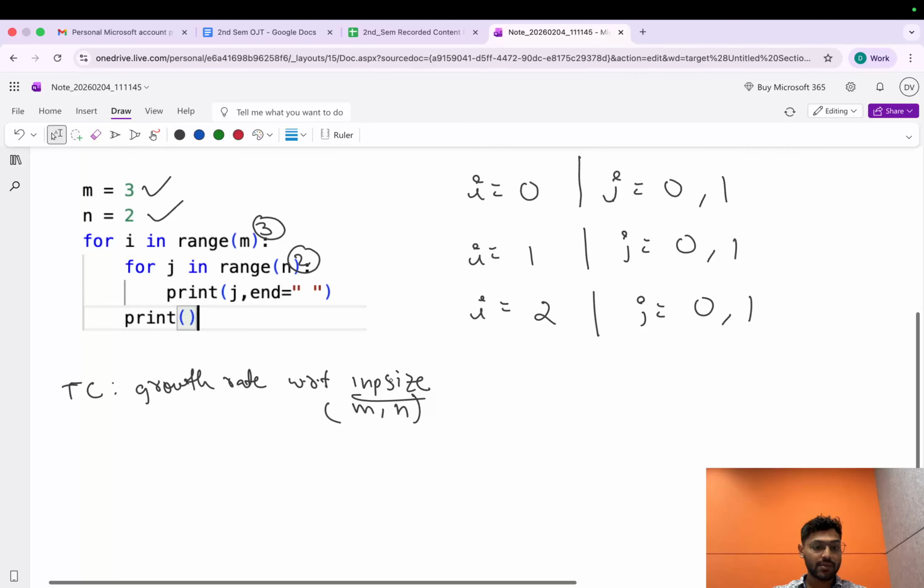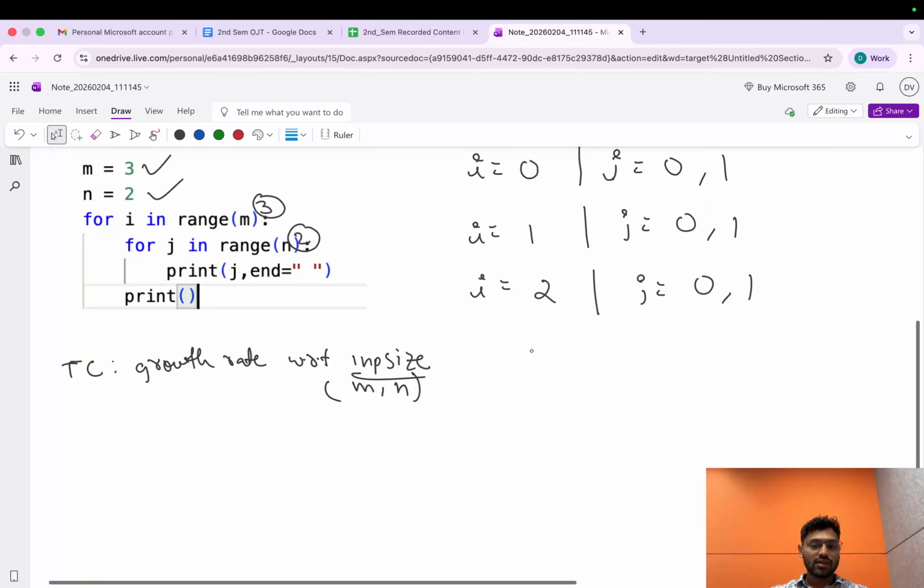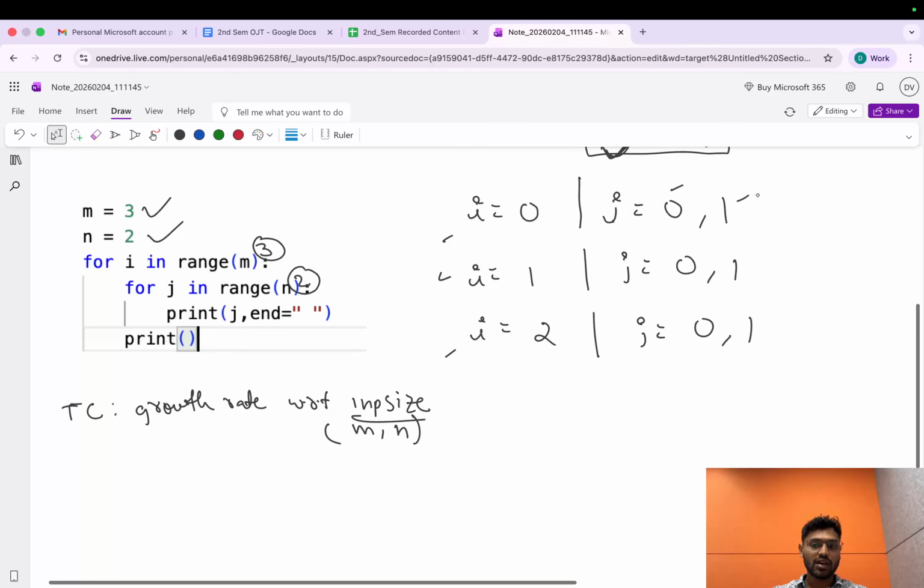The number of times we are running is dependent on m and n, not solely on m or only on n. So if m equals to 3, n equals to 2, for every value of I we are running j 2 times. So we are running 2 times for 3 times each completely.